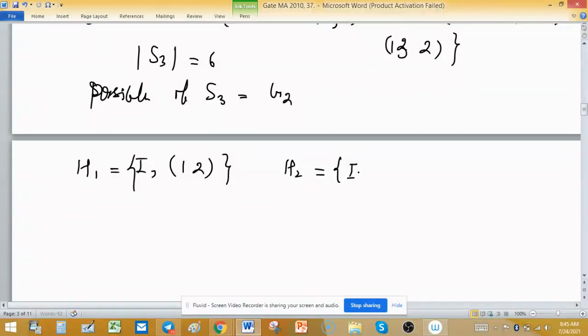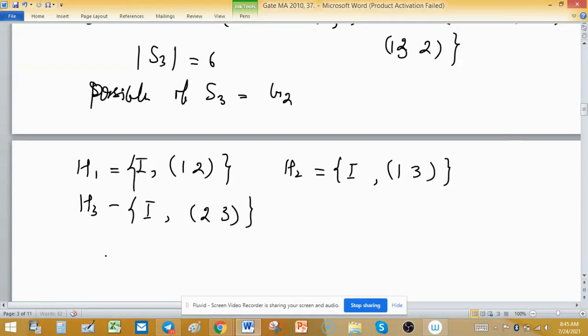H2 is the identity and the transposition (1 3). H3 is the identity and the other transposition (2 3). So we have three subgroups.